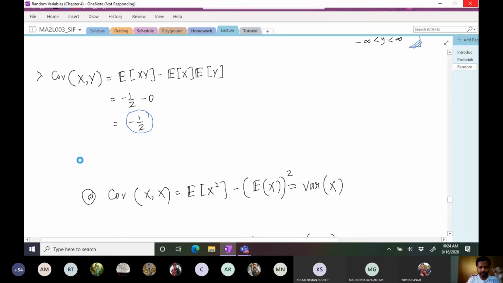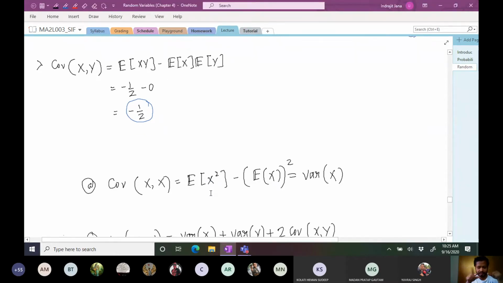But just for fun, if you want to calculate covariance between x and x, which usually people do not do, from the formula it will be expectation of x times x, which is expectation of x square, minus expectation of x times expectation of y, but since y is the same as x, it will be expectation of x whole square.